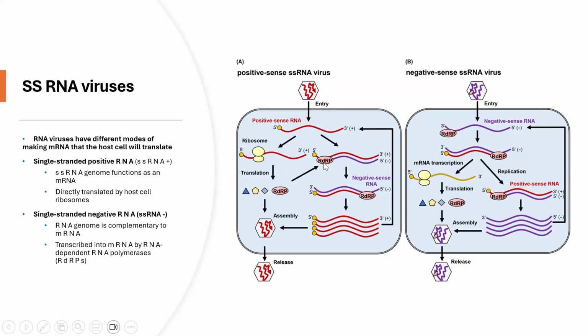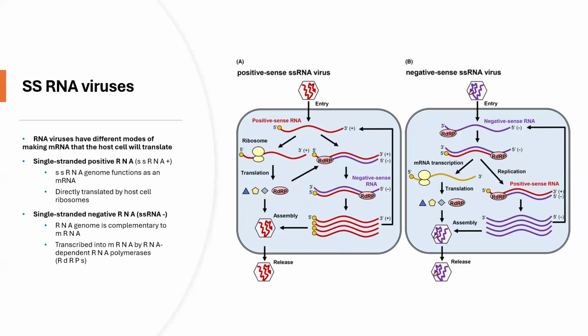I know that's a lot of letters, but if you think about what's going on, it should make at least some sense. And so in this case, those positive sense strands can also undergo additional translation if necessary, or be packaged into the capsid that can be released.